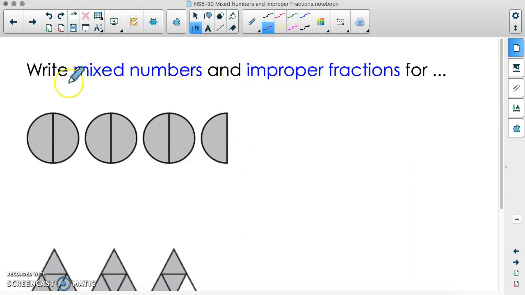So now we're going to write a mixed number and an improper fraction for these pictures. Let's start with the improper fraction. How many pieces are we given in total?